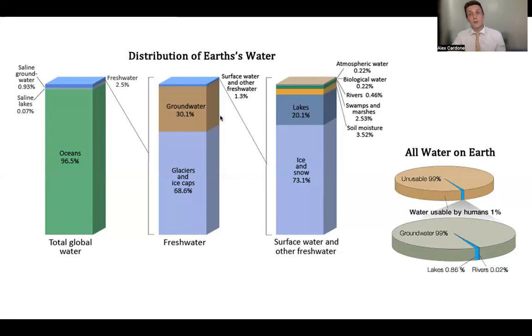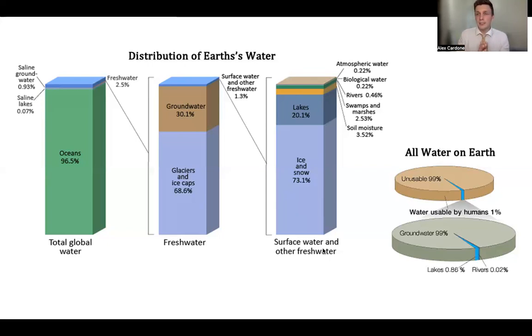And it dives even further into this other 100% column chart, surface water and other fresh water. That breaks it up into 73% that at one time is ice and snow, 20% you find in the lakes. Then it goes even into smaller ones such as atmospheric water, biological water, rivers, swamps, soil moisture.